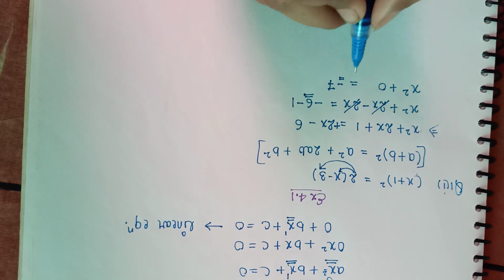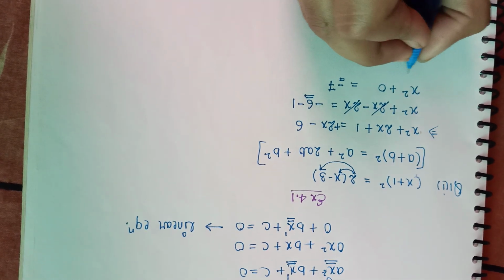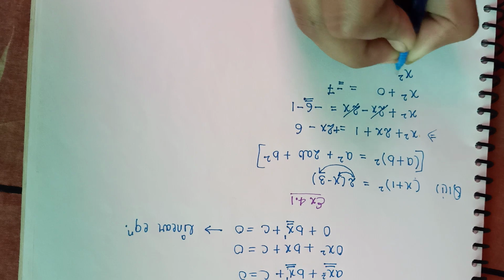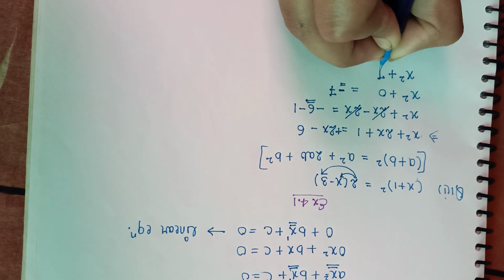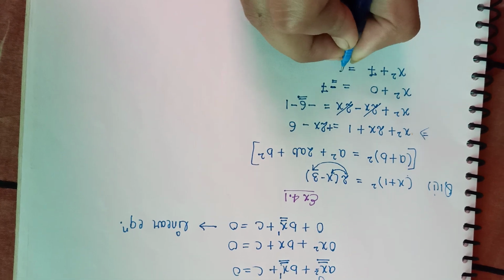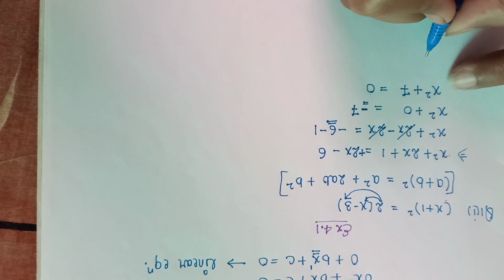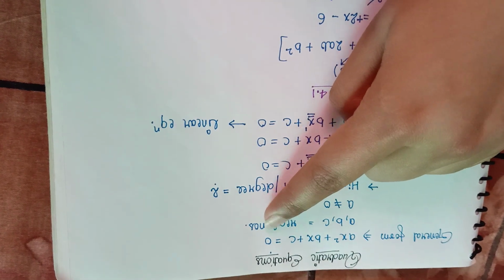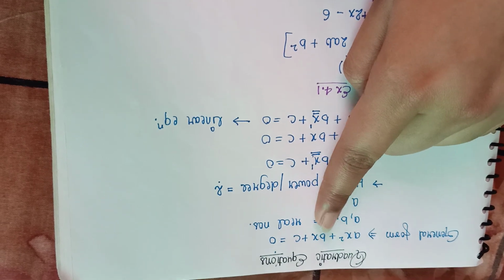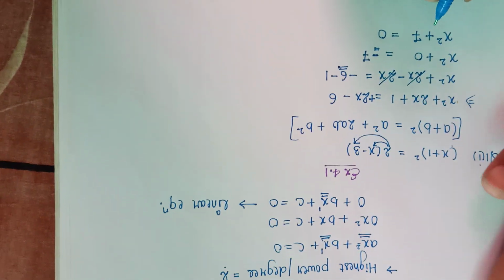So here I copied minus, and the equation becomes x square. Now we shift this minus towards the left hand side, and it makes x square plus 7 equals to 0. Now we compare this given equation with the general form, that is ax square plus bx plus c equals to 0.